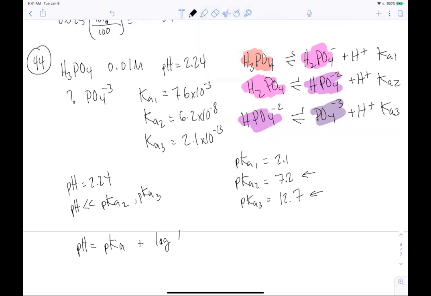Oh no, because you're looking at phosphate. I'm not sure exactly how they want you to estimate this. It's small, clearly not close enough to what they're saying.